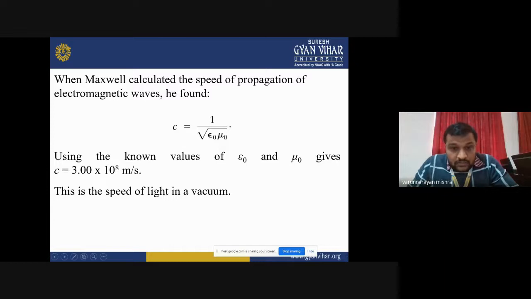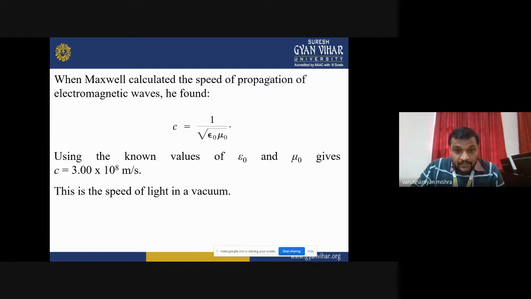Here two terms are there: epsilon zero and mu zero. Epsilon zero is the permittivity and mu zero is the permeability. These two terms are very important. Based on these two terms, Maxwell calculated that the speed of an electromagnetic wave is the speed of light.